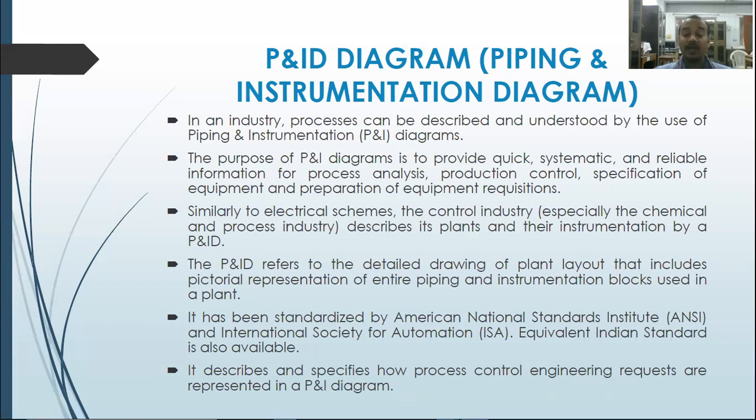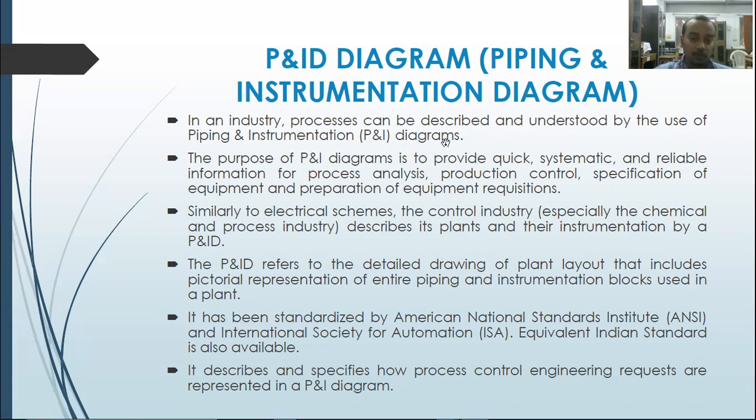That means the different symbols of instruments and signals needed to be standardized first, for worldwide acceptance. In this slide, I will go through the points one by one. In an industry, processes can be described and understood by the use of the piping and instrumentation diagram.